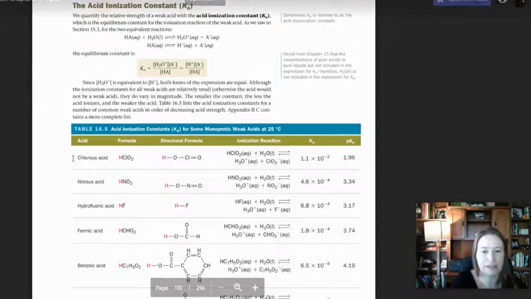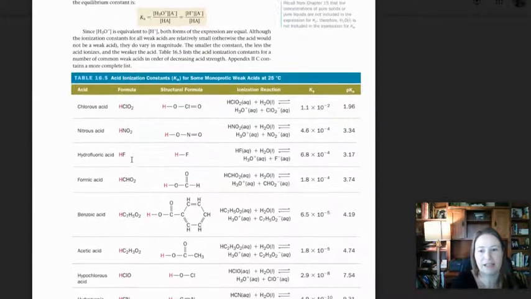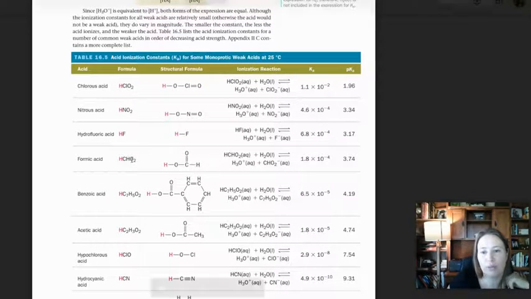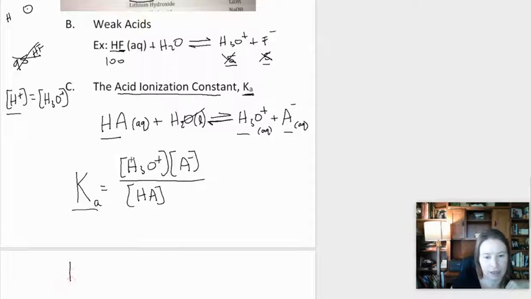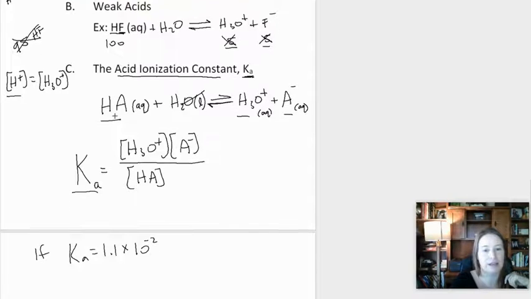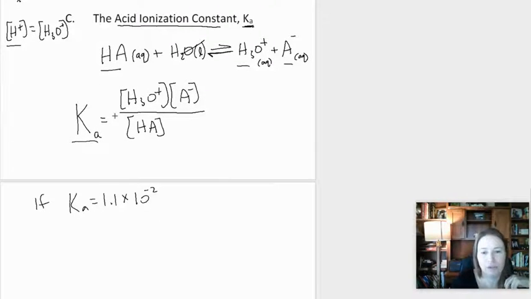So chlorous acid, HClO2, has a Ka value of 1.1 times 10 to the negative second. I'm going to write that over here. Ka equals 1.1 times 10 to the negative 2, no units on this guy. Then what does that mean?